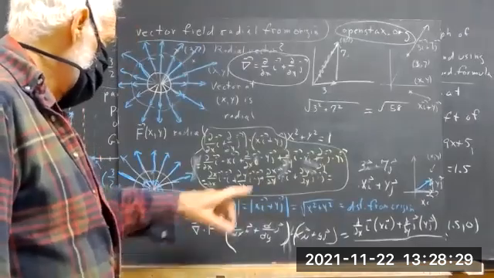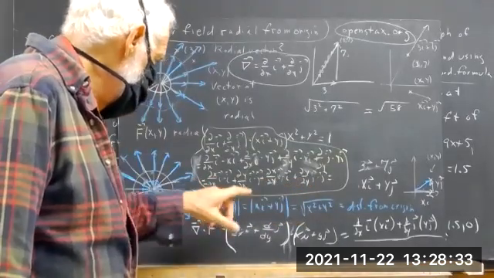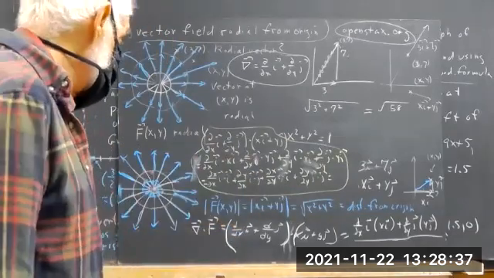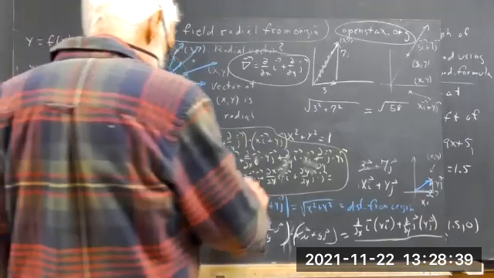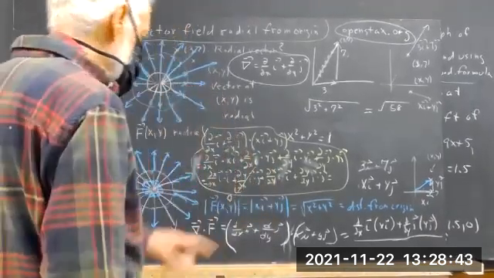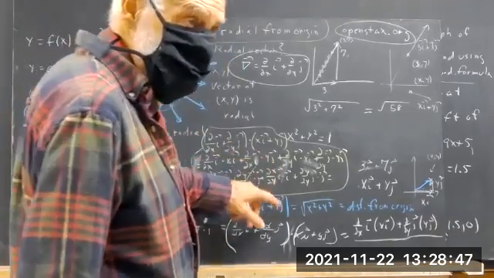Now, this is 0 because i dot j is 0. That's 0, one reason. This is 0 because the partial of x with respect to y is 0.